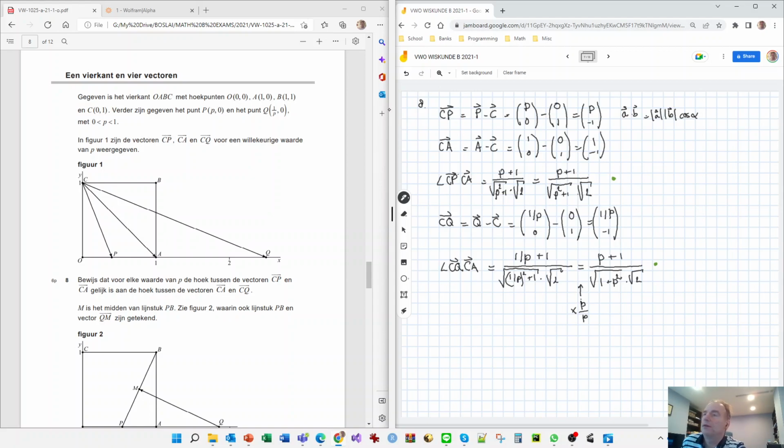Let's find out what is the vector from C to P. Now remember, if I have 2 vectors, say A and B, then the vector connecting B and A is actually B minus A.